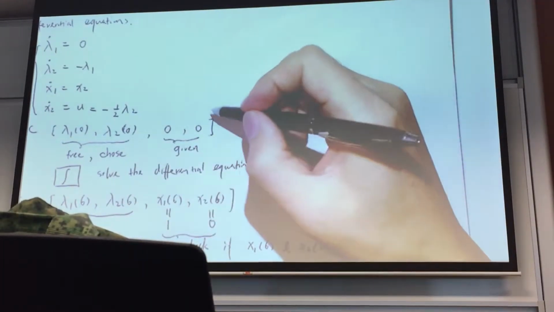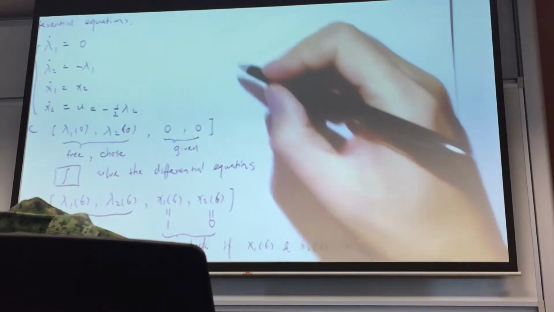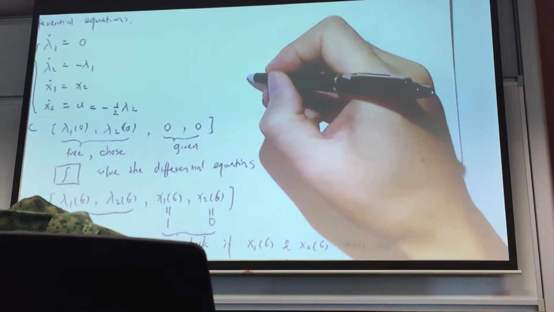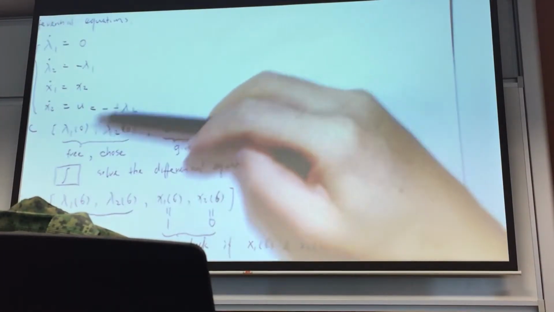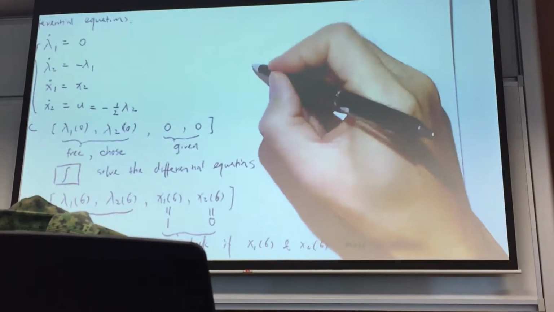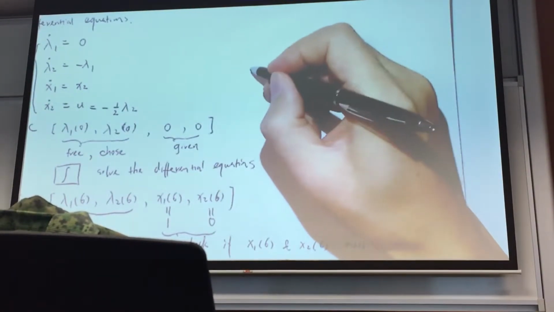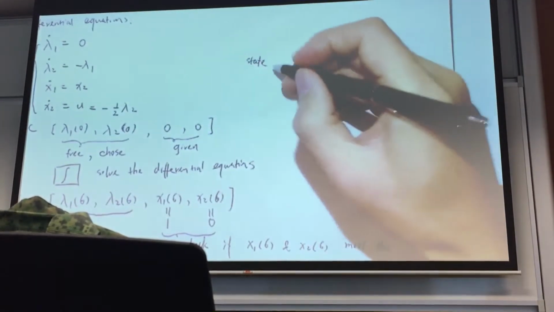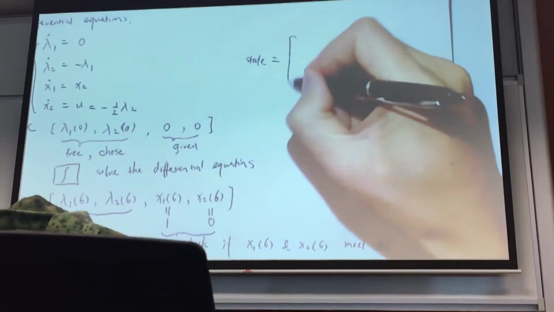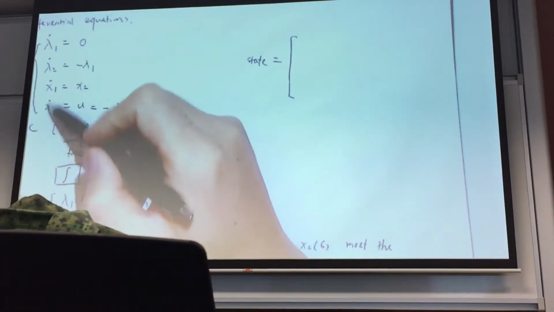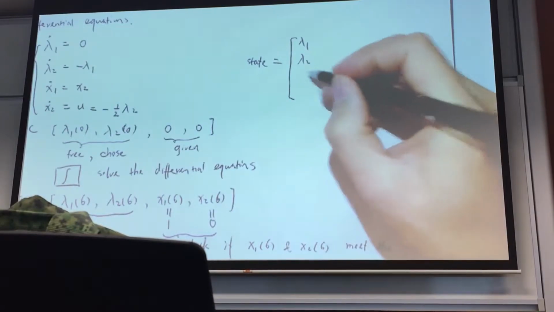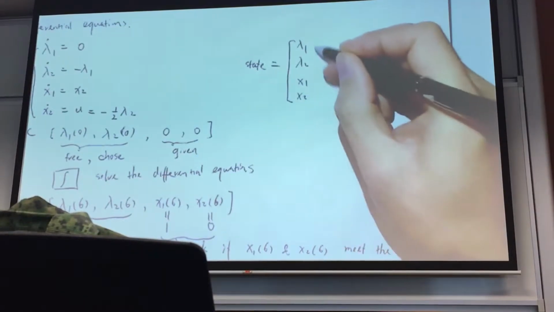To use the computer to do this, we still use the ODE 45 function to solve the differential equation as in your first assignment. So we need to define our state. We got four quantities here, so we define the state to be lambda 1, lambda 2, x1, x2.